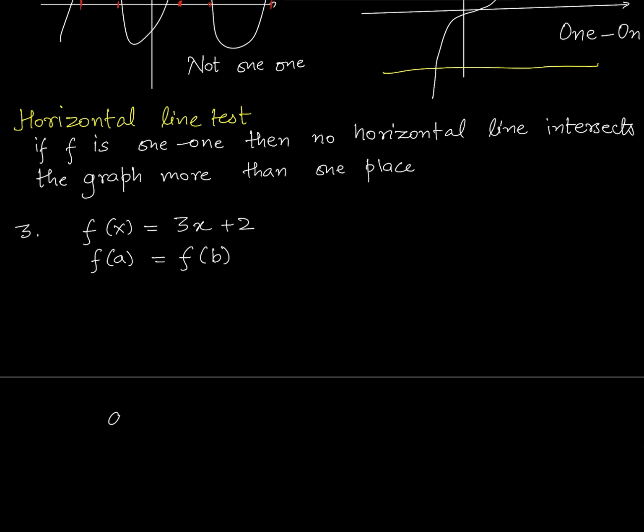If you can prove that your inputs are same, then you will say it's a 1-1 function, otherwise not. So let's see. So f of a in this case is, I replace my x by a, f of b is replace your x by b. Subtract 2 from both sides, that gives you 3a equals 3b. Divide by 3 both sides, gives you a equals b, which means this is 1-1 function.